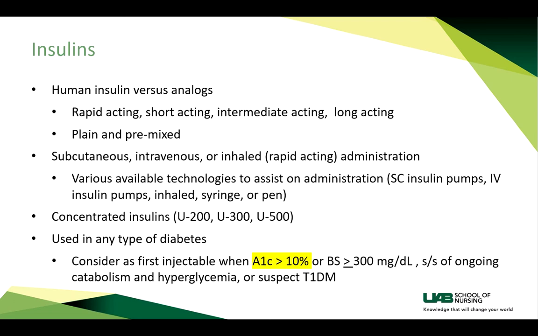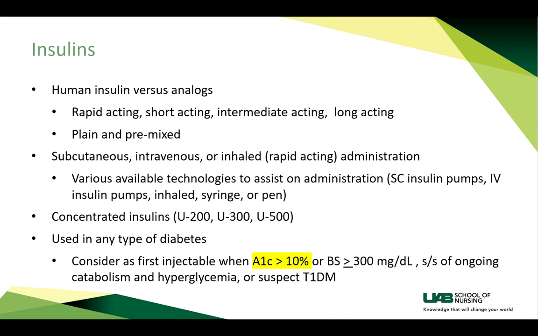And what we mean by catabolism there is that we have ongoing symptoms of the body burning other sources for fuel, instead of being able to retrieve that glucose that is in the bloodstream as energy.